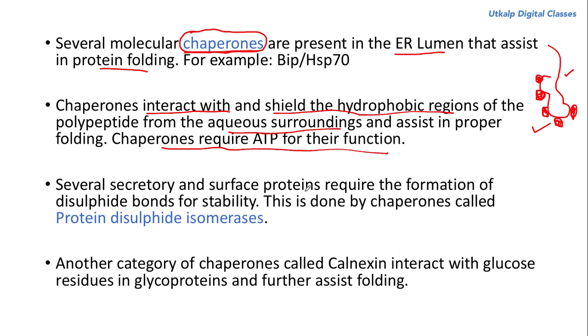Several secretory and surface proteins require the formation of disulfide bonds for stability. So there are several proteins in the cell. Suppose this is a protein in its unfolded state, and in the folded state it has to form disulfide bonds. So this is its folded state, wherein there is a disulfide bond between this residue and this residue.